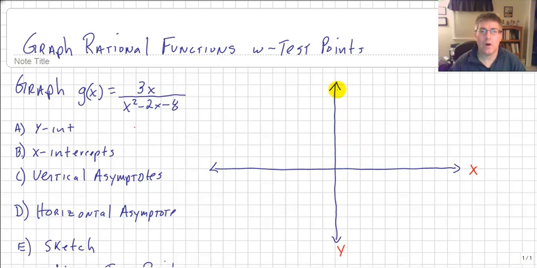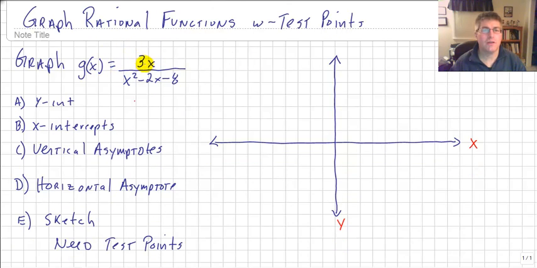These are positive y's, and outputs that are negative are below the x-axis, because when we do our test points, we're going to test just for outputs, and we're just going to check to see if they're positive, so we know to graph above the x-axis, or negative, so we'll graph below the x-axis.